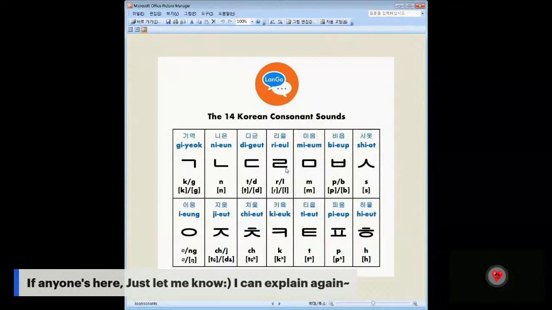So, okay. And the next consonant is mium. It's M. Also, it's very soft. It's not like the English M, but it's just M. So almost just use your lips, not your whole muscle inside.